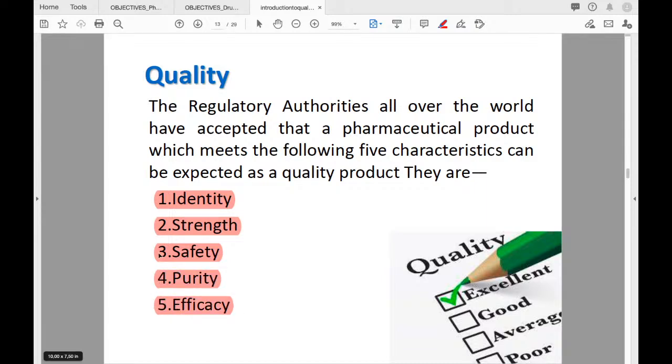All these five factors, identity, strength, safety, purity, and efficacy, are believed to make an excellent and pure product. If you have these five things in your pharmaceutical product, that means your product is good.